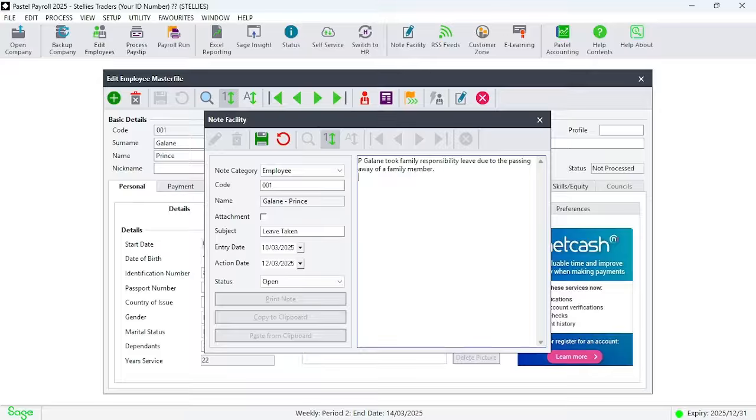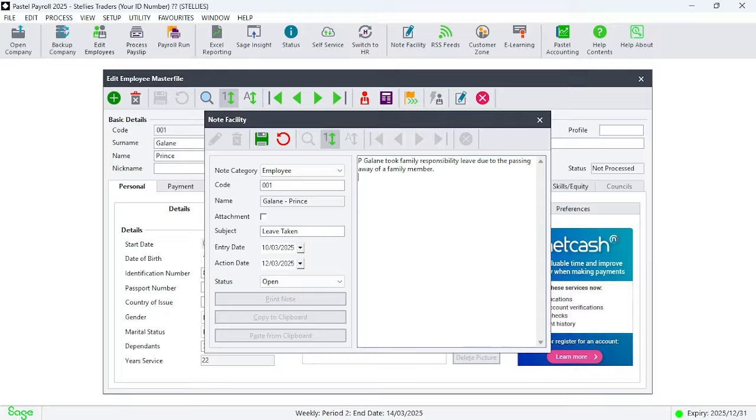It is paid, provided he comes with proof by way of a death certificate, unfortunately, but that's the way it is. Anyway, no mention of payout, so we're going to leave that as it is.